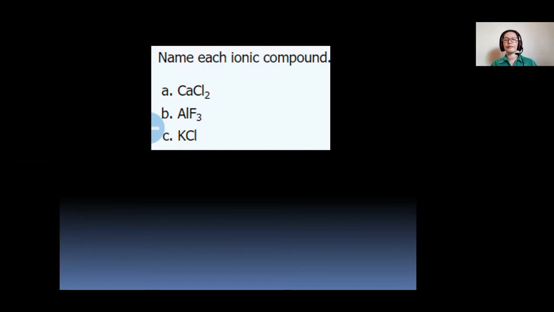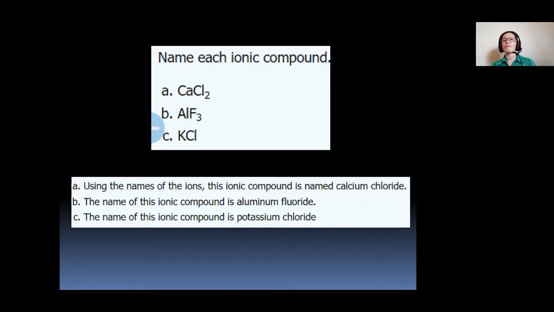For the last one, potassium is K and chlorine is chloride, and therefore the name is potassium chloride. So again, the technique for naming compounds consisting of a metal and a non-metal: name first the metallic element using its full name, followed by the non-metal with the IDE ending.